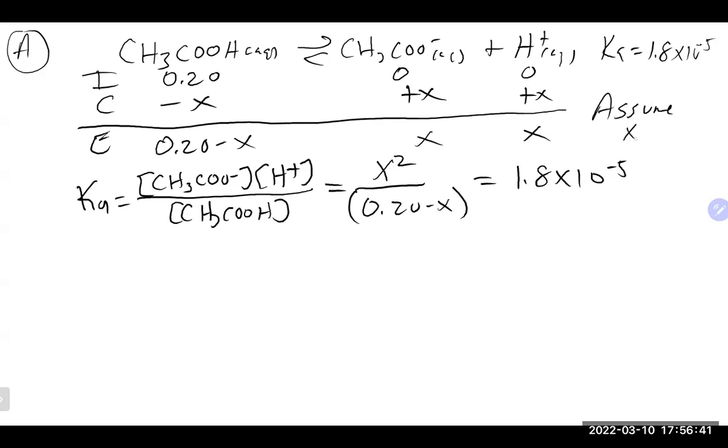We're going to assume that x is equal to 0 in this case, it would just be obviously the x on the bottom there. That gets us x squared over 0.2 equals 1.8 times 10 to the minus 5. We're going to multiply the 0.2 to the other side, and I'm going to also take the square root in the same move. So we're going to take 1.8 times 10 to the minus 5 times 0.2. I then need to do a little square root action on it.